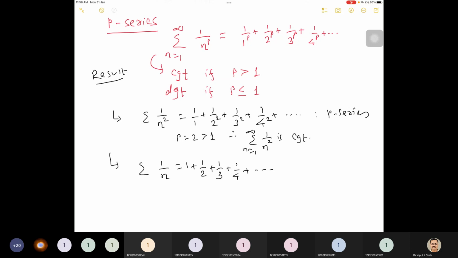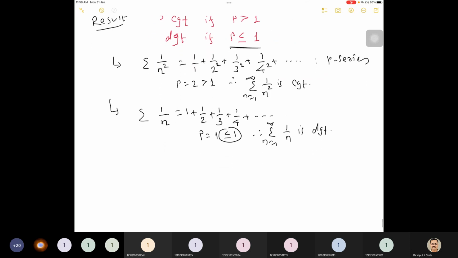Why? Because p is equal to 1, and if p is less than or equal to 1, the series diverges. So this is the p less than or equal to 1 category, because it equals 1. Therefore, this series is divergent. The same example can be solved by using the integral test also.